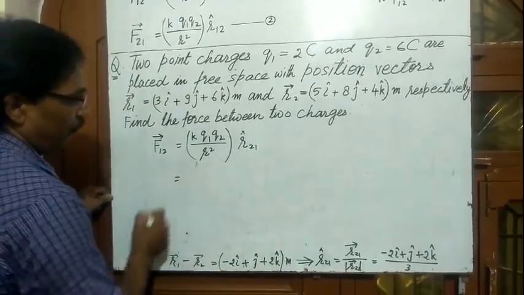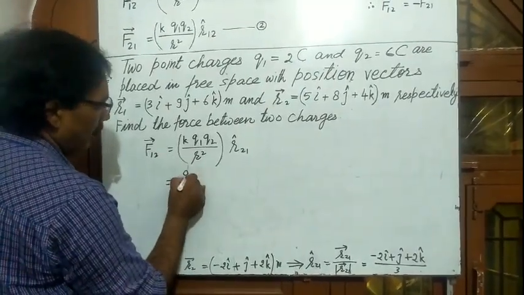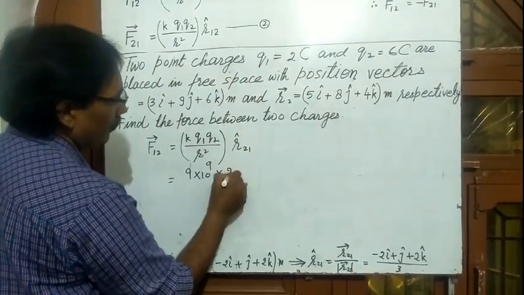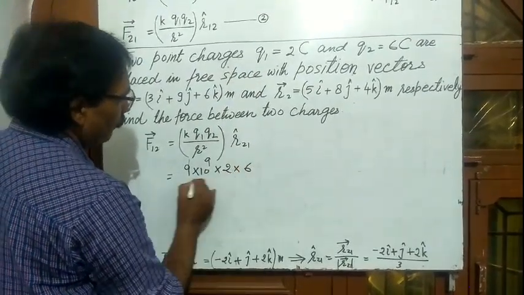K is 9 into 10 to the power 9. Q1 is 2 coulomb. Q2 is 6 coulomb.